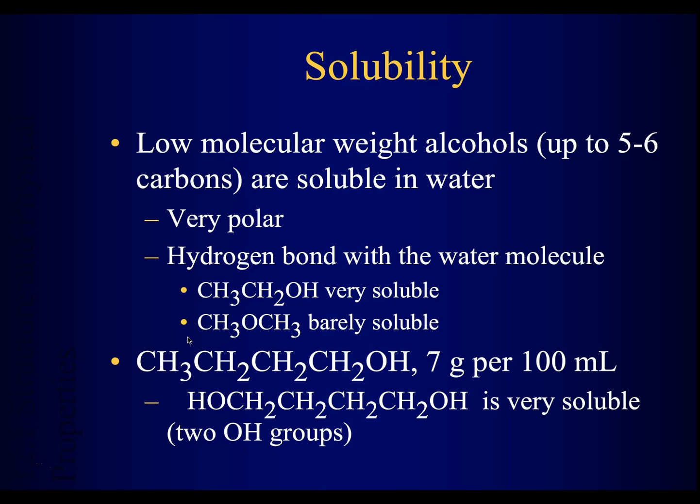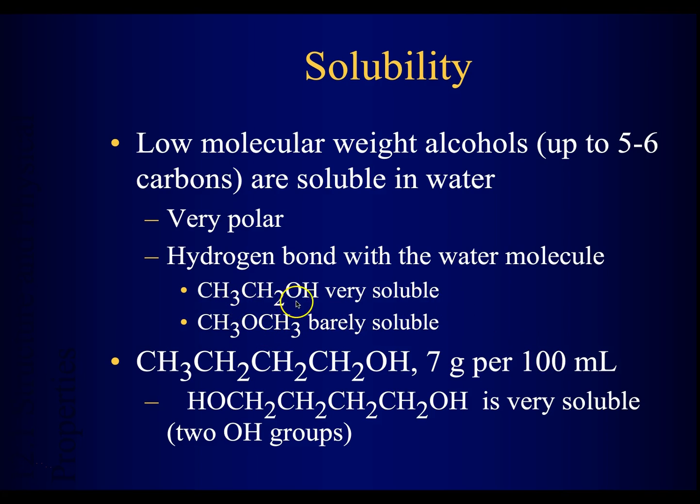Alright, a little bit more on our solubility. We said low molecular weight alcohols are going to be very soluble, up to 5 or 6 carbons. We'll find out that this is kind of a common trend. Any kind of functional group that has a polar end to it is typically soluble to about 5 or 6 carbons long, and then it starts to become insoluble. So if I have 1, 2, 3, 4 carbons here, it's 7 grams per 100 milliliters.